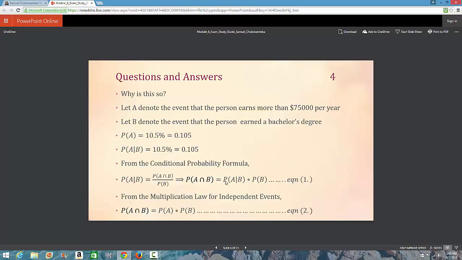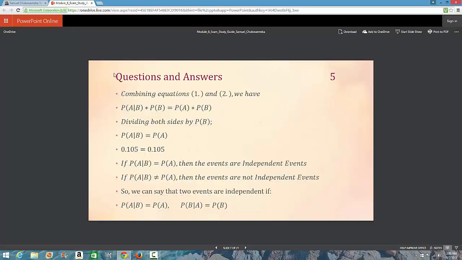So we have that the probability of A given B times the probability of B is equal to the probability of A times the probability of B. So when you do that, you can now divide both sides by the probability of B. And you have that the probability of A given B is equal to the probability of A. And that was what we found out.